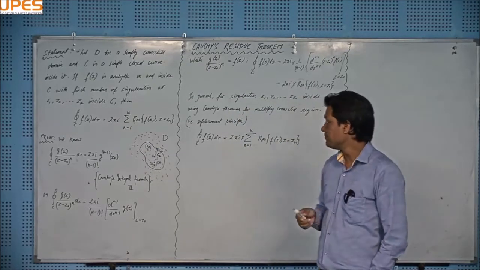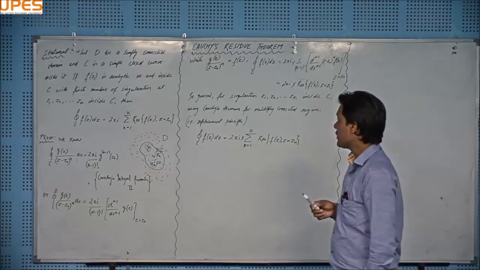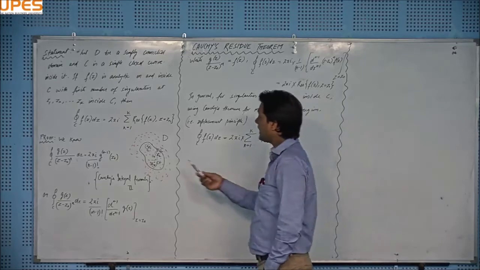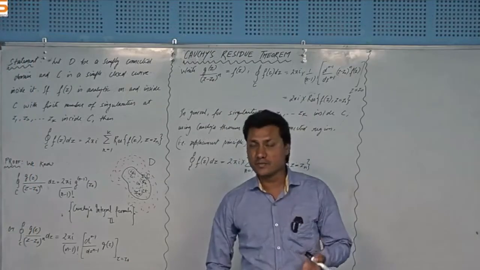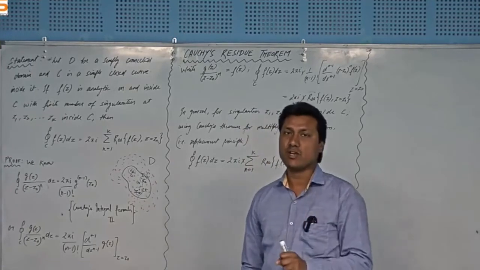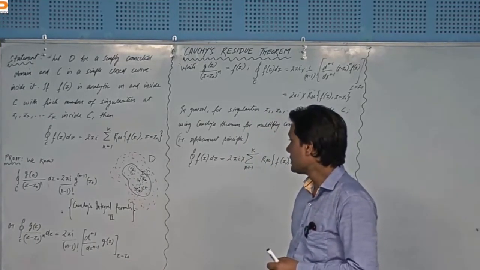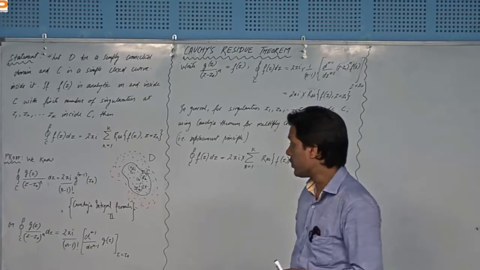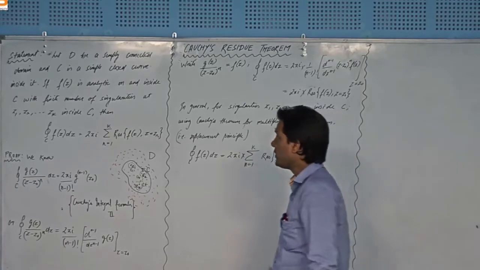The second point is that in the statements of all of these theorems, we assume that the winding number of the curve is 1. By winding number, I mean the number of times the curve winds around the singularity. In general, if the winding number is n or ω, then you put ω here.